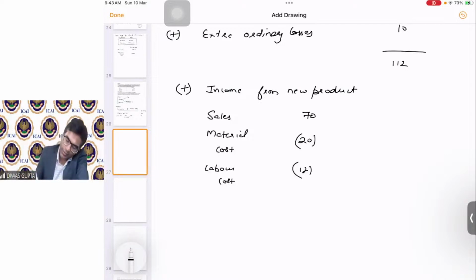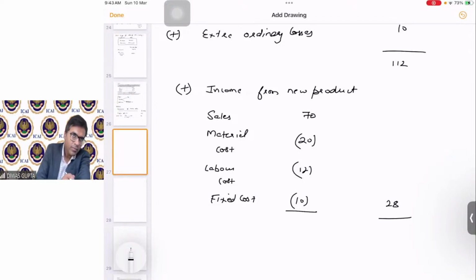And fixed cost is 10. So 70 minus 20 minus 12 minus 10. This is around 28. This will get added to 112 to make it 140.